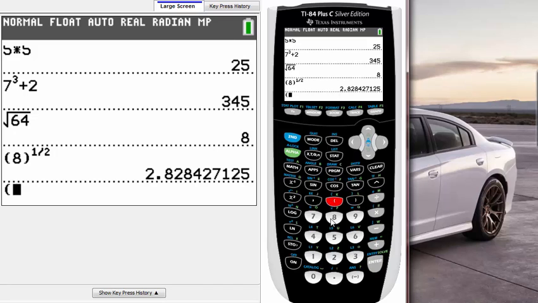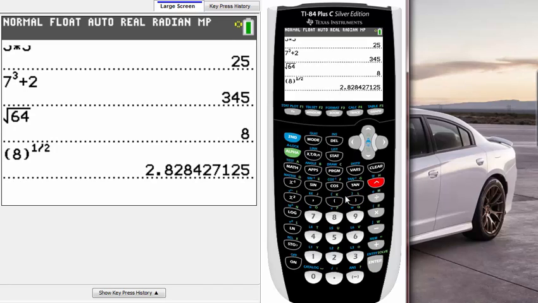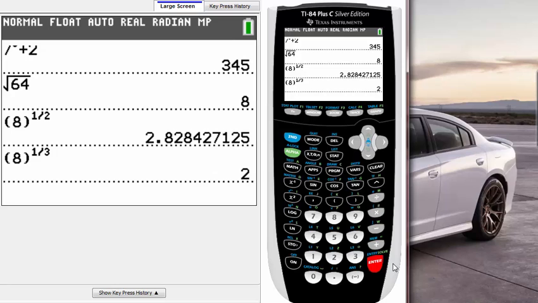But if I wanted to do 8 to the cube root, it would be 1 divided by 3 instead of 1/2, because cube root is 1/3. So if I do that, I get a 2 as an answer. So that's how you use roots on your calculator.